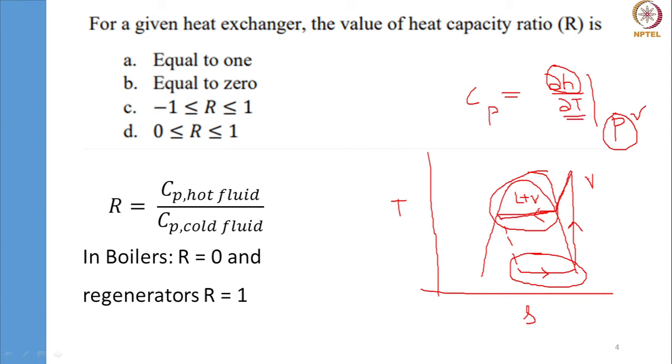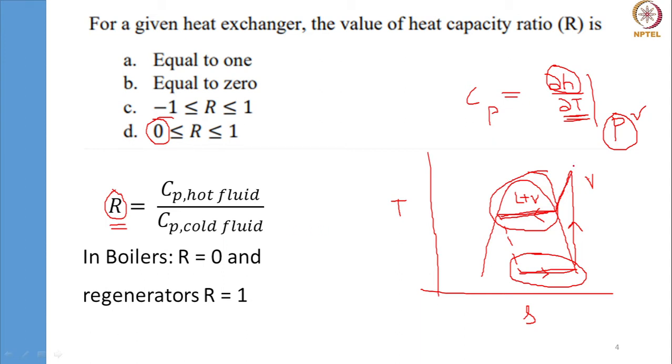What is the change in enthalpy with respect to change in temperature? When it undergoes a condensation process, or similarly a boiling process, there is no change in temperature for a pure fluid, for a specific change in enthalpy. That's the reason the denominator becomes 0 and Cp becomes infinite. So in this case, R becomes 0. This is one extreme case that I have discussed, R being 0.